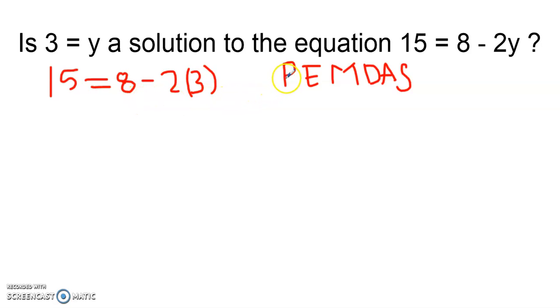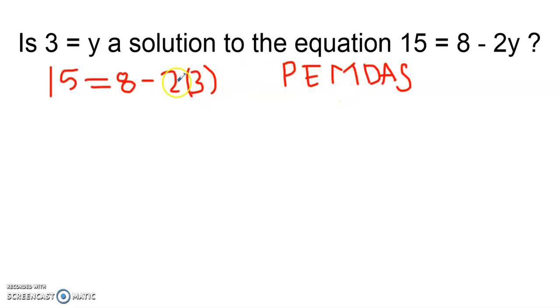So the first thing we're going to look for is our parentheses. Is there anything inside these parentheses that we need to solve? We can see that we've just got a number and we don't have anything that we need to solve within this parentheses, so we can move on to the next one, which is exponents. And we can see here that we don't have any exponents in this problem. So we'll move on to multiplication.